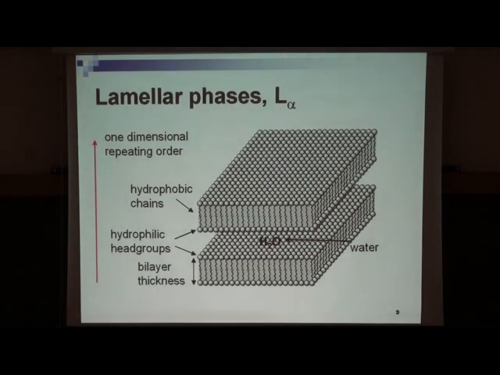In the lamellar phase, amphiphilic molecules form a bilayer, an infinitely large bilayer, and water molecules are sandwiched between 2 layers. And as you see from this figure, there is a one-dimensional repeating order, perpendicular to the large surface of the bilayers.